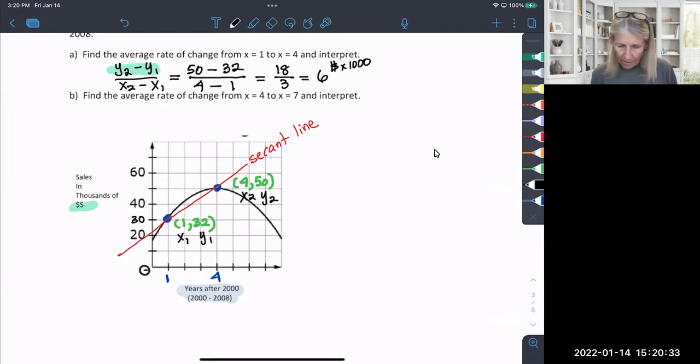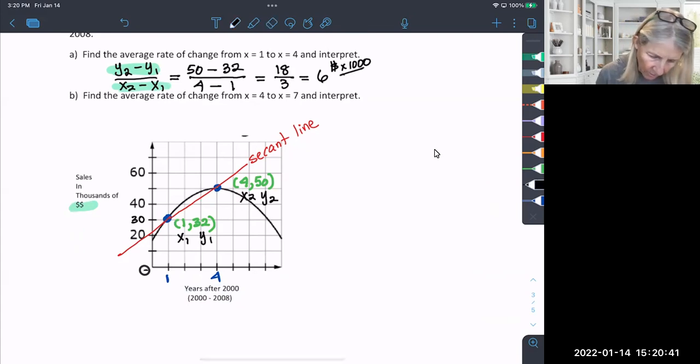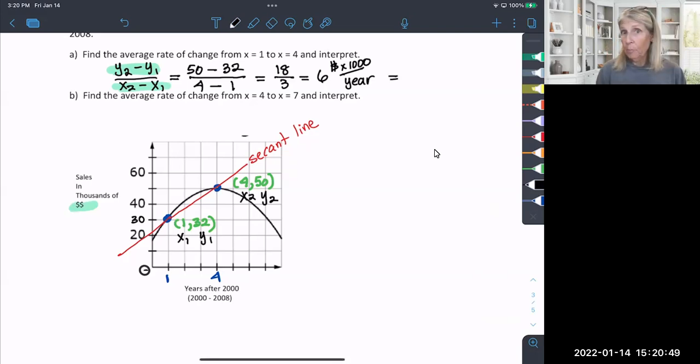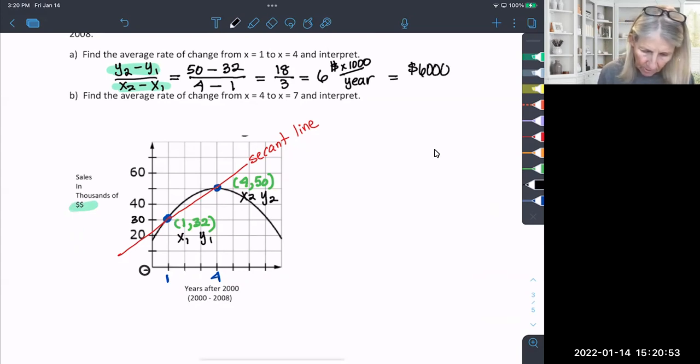And the x values are the years. So this would be dollars times 1,000 per year. So let's actually multiply by 1,000. Since we're going to interpret it, let's say this is $6,000 per year.